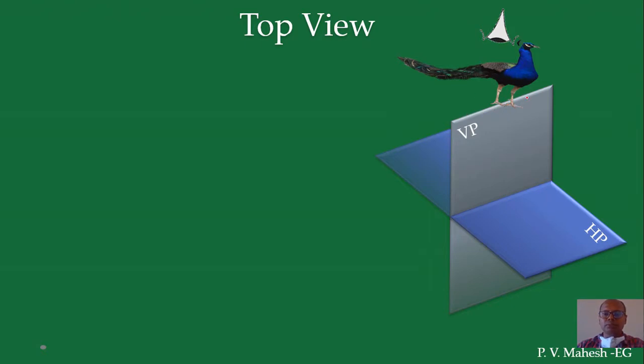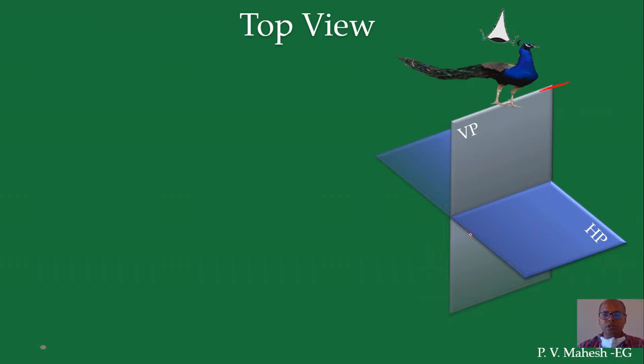Now this vertical plane appears to the observer like a line, and we have to draw a plane which is perpendicular to the screen.